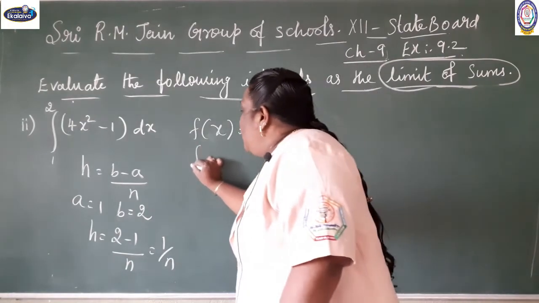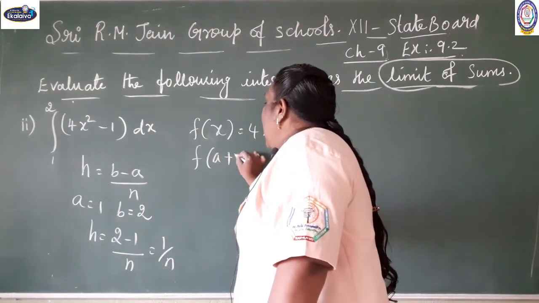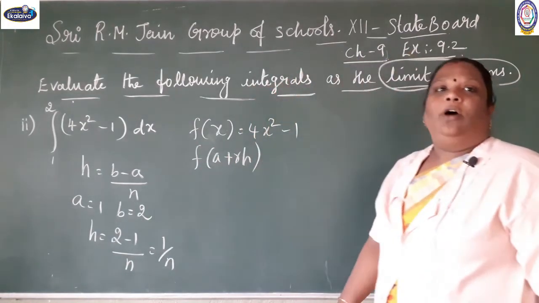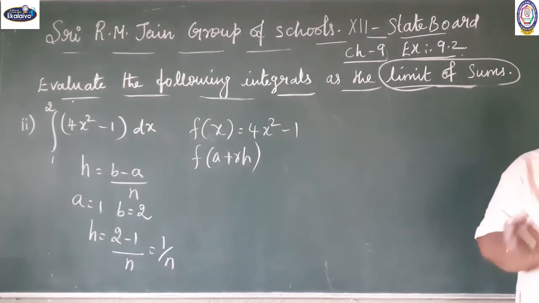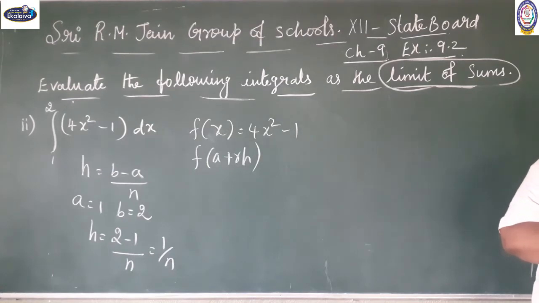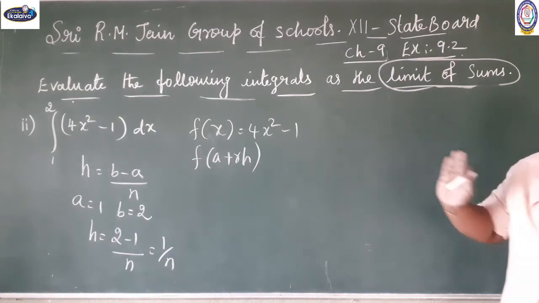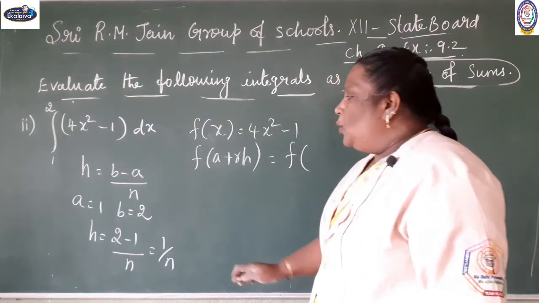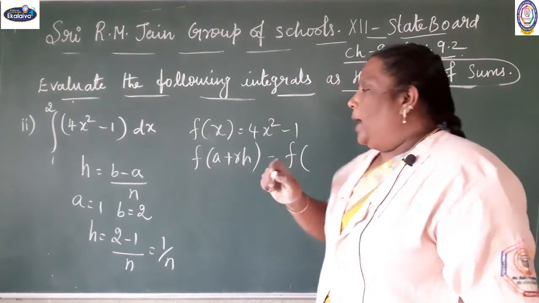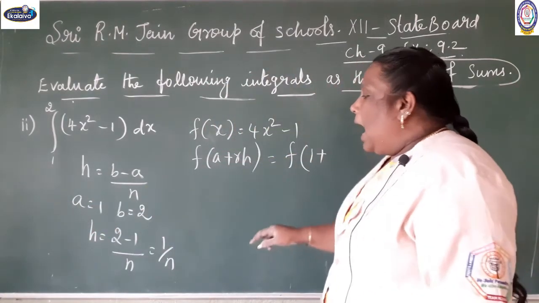So f of a plus rh, because the formula is limit n tends to infinity, h into sigma r equal to 1 to n, f of a plus rh. So f of a plus rh equals f of 1 plus rh.